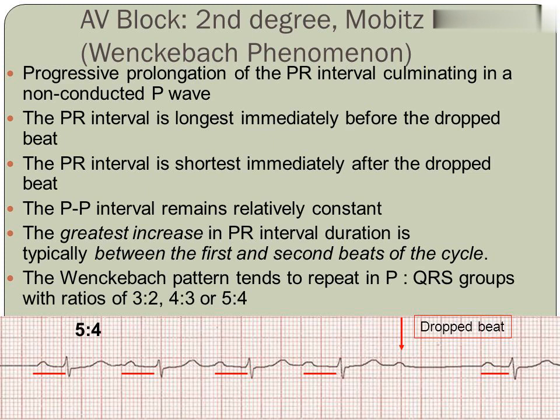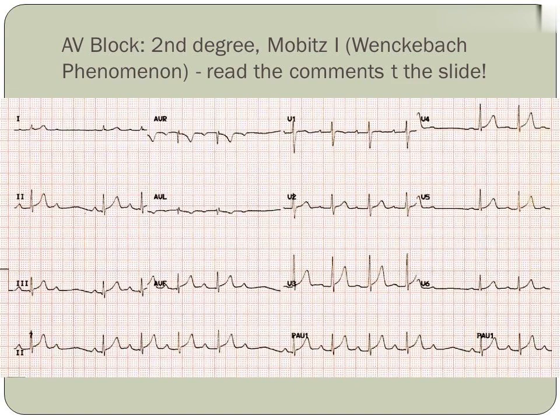The RR interval progressively shortens with each beat of the cycle. The Wenckebach pattern tends to repeat in PQRS groups with ratios of 3:2, 4:3 or 5:4. Dropped beat. AV block, second degree, Mobitz I, Wenckebach phenomenon. Read the comments on the slide.